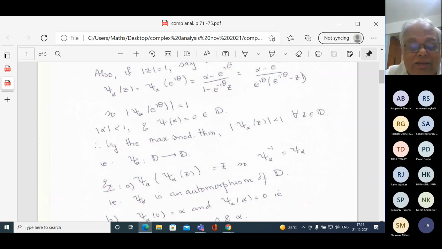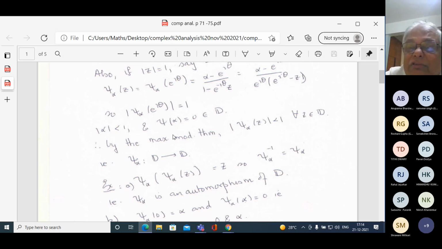So the exercise is that psi alpha composed with psi alpha is the identity. So please do this. We have to plug in psi alpha of z into psi alpha, and see that you get z.